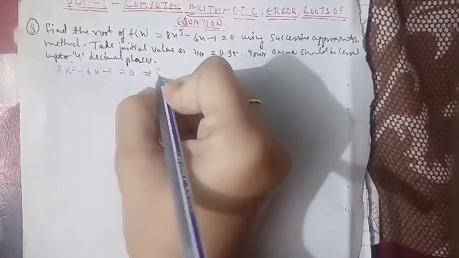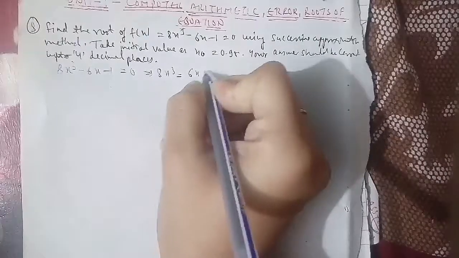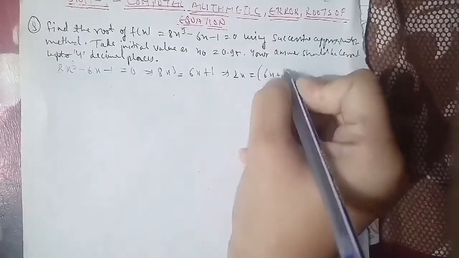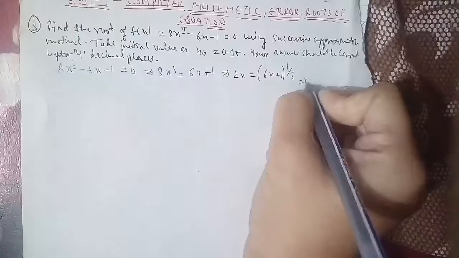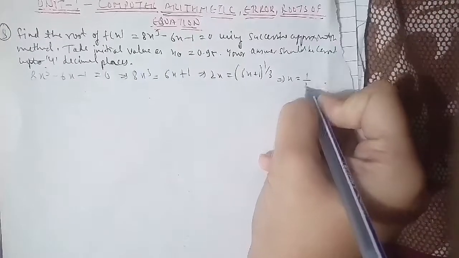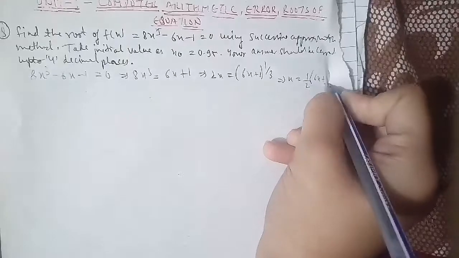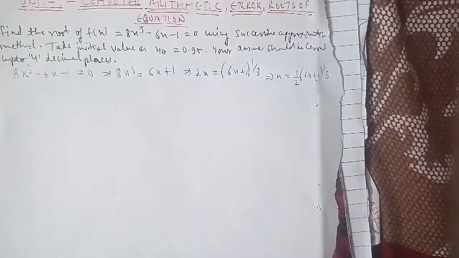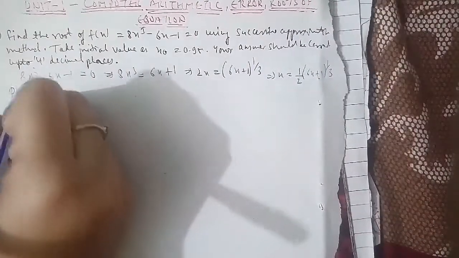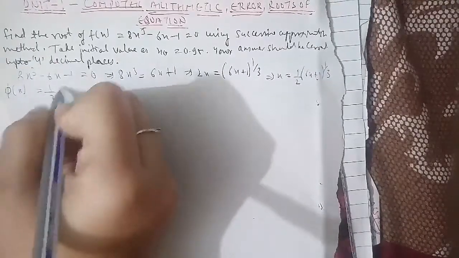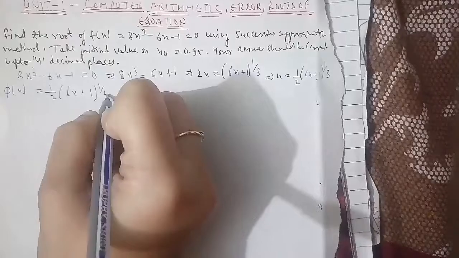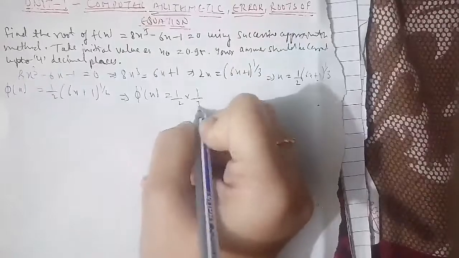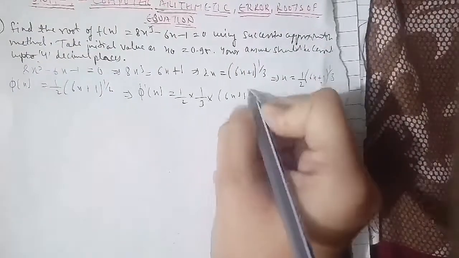Further, 2x = (6x + 1)^(1/3), that is, x = 1/2 (6x + 1)^(1/3). Let φ(x) = 1/2 (6x + 1)^(1/3). Then φ'(x) = 1/2 × 1/3 × (6x + 1)^(-2/3) × 6, which is (6x + 1)^(-2/3).